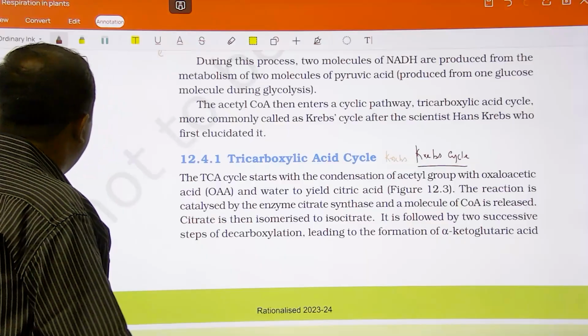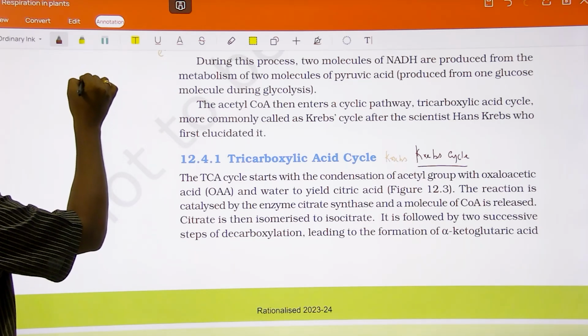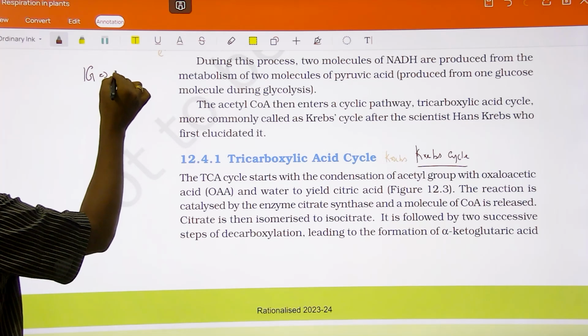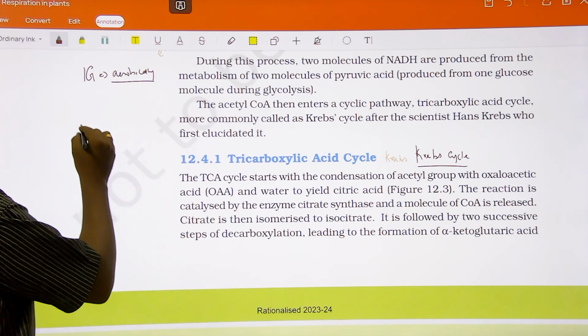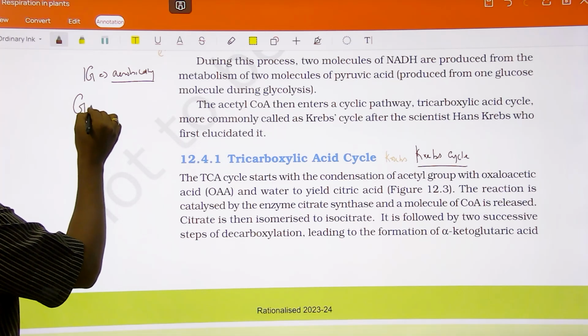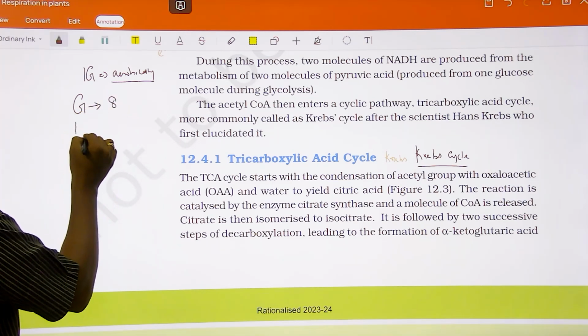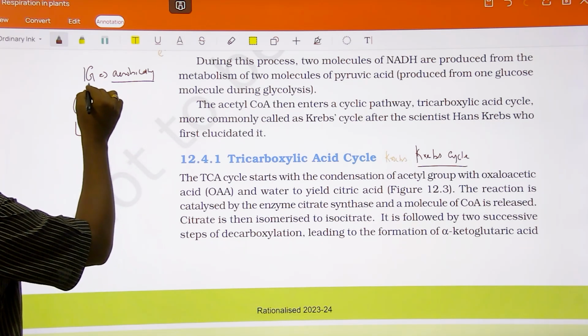Now, what is the number of ATP from one glucose molecule getting oxidized aerobically? How many ATP from glycolysis? 8. Link reaction, from one glucose.